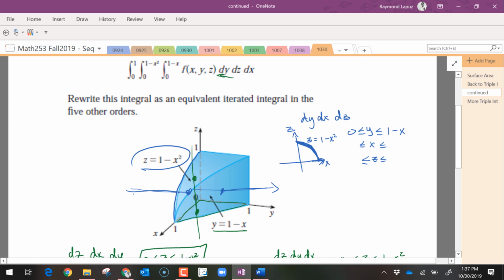So I need x values for that. So I draw a line parallel to the x. I'm going to go in through that region at 0 again, right? But then I'm going to get out of that region through this parabola. Now I have to solve for x.